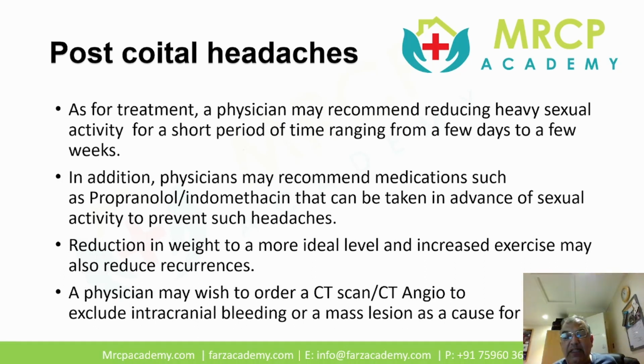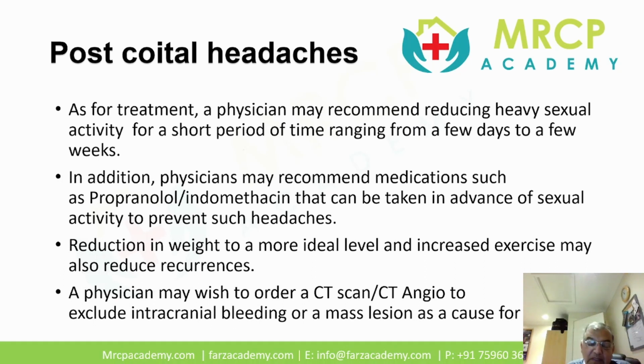If they present acutely, they're admitted, and they may go through the full workup as a case of subarachnoid hemorrhage with a CT scan and a lumbar puncture. Patients are advised thereafter to abstain for a while. In between, medications such as beta blockers are tried, or indomethacin, and generally the advice is to try and take this slightly before the coitus to prevent the recurrence of headache.